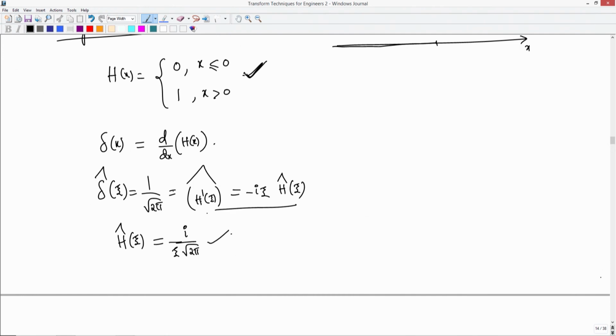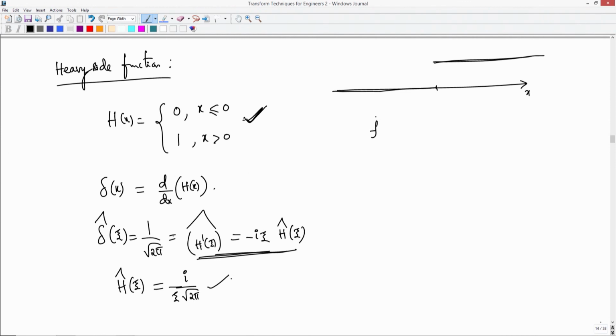Also, if you want the Fourier transform of the derivative f dash, it is 1 by root 2 pi, integral from minus infinity to infinity of f dash of x e power minus i xi x dx. You do the integration by parts: 1 by root 2 pi times f of x e power minus i xi x, evaluated from minus infinity to infinity. Assume f of x is an absolutely integrable function, so at infinity it has to go to 0.